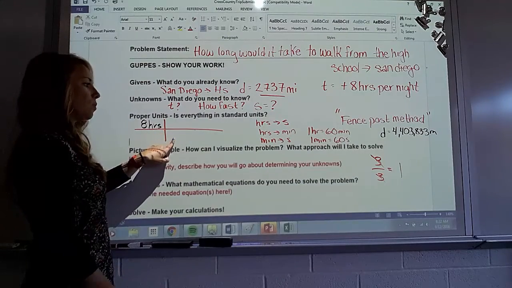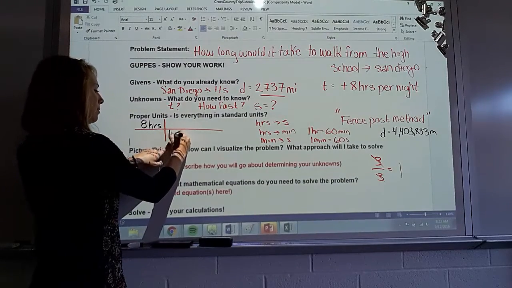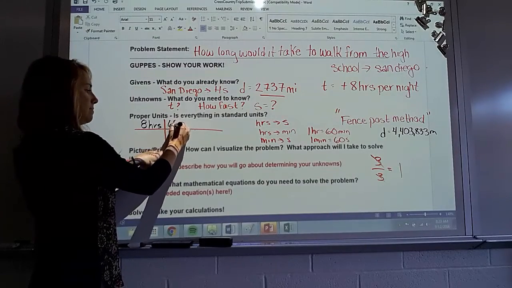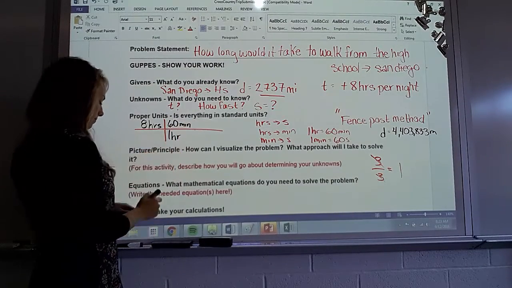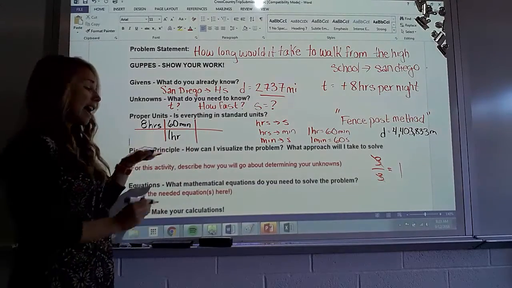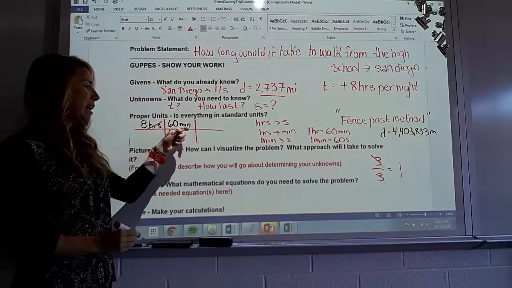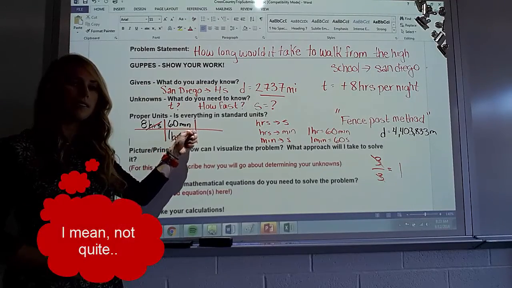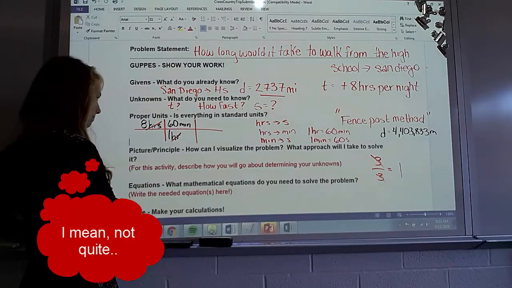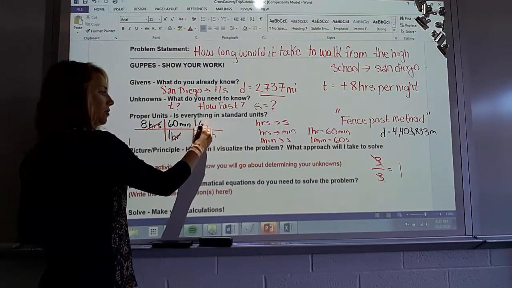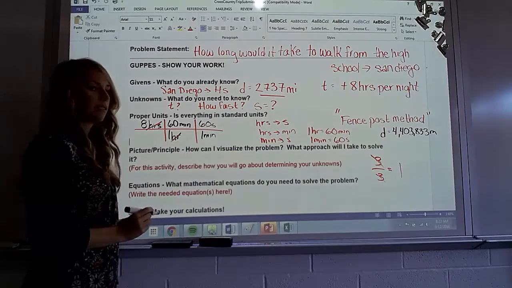So I'm going to place the 1 hour on the bottom, and in 1 hour, it's the same thing as 60 minutes. I'm going to do the same thing because the hours cancel, that's great. But now I'm left with minutes, and that's not quite what we want. We want to get all the way to seconds. So let's do one more step. In 1 minute, there are also 60 seconds.